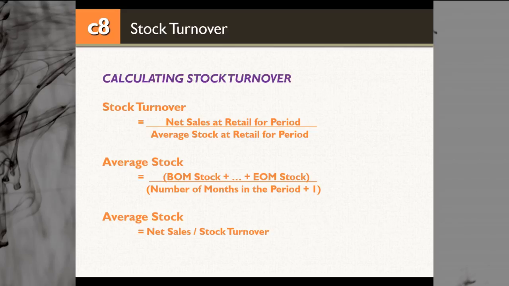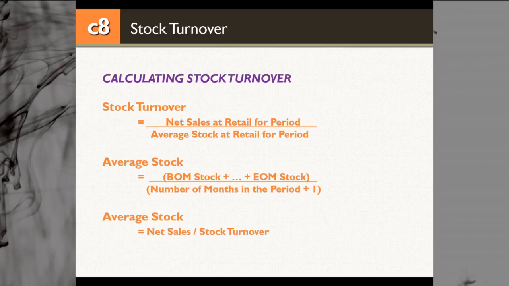There are two different ways to get this average stock. First is with the stock amount. So there will be your total stock, the beginning of the month stock for each month in the period and the end of month stock for the last month, divided by the number of months in the period plus 1.